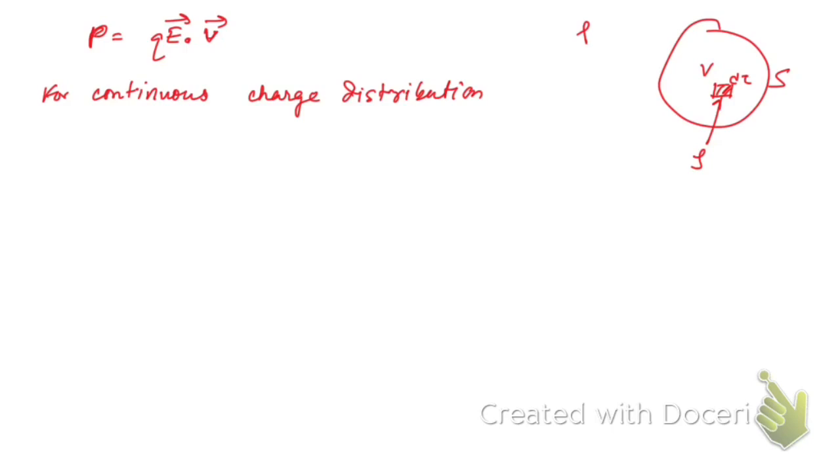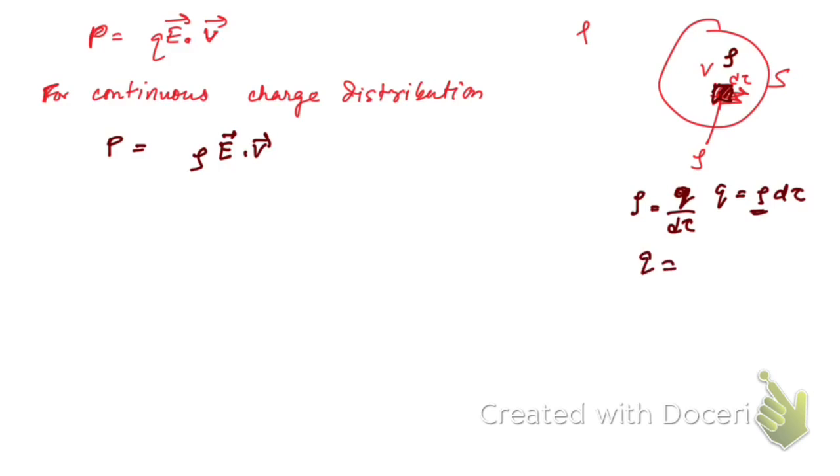Then the power, or rate of change of energy through this volume, is given by P equals, instead of charge q, rho E dot V. Since charge density is q by the volume element d tau, q must be equal to rho into d tau.